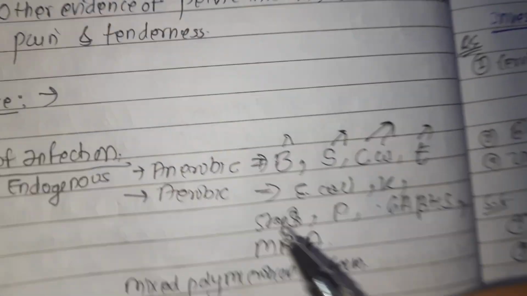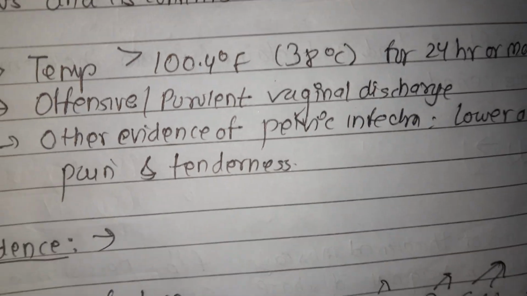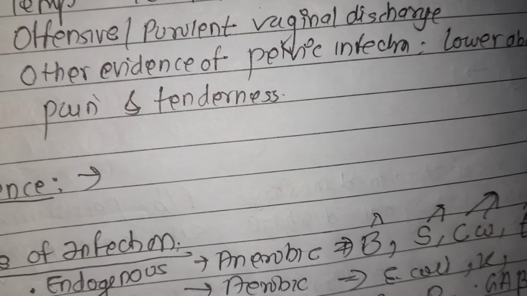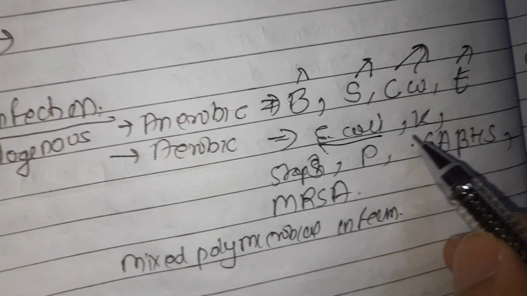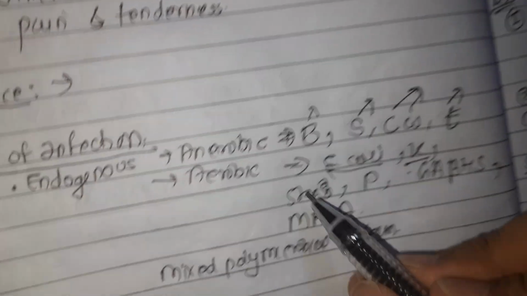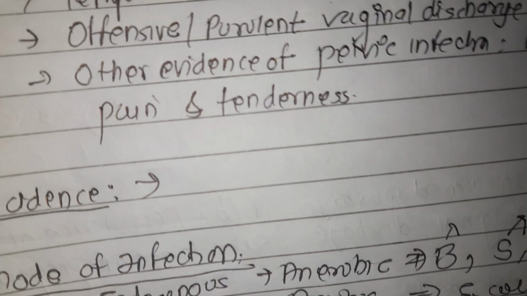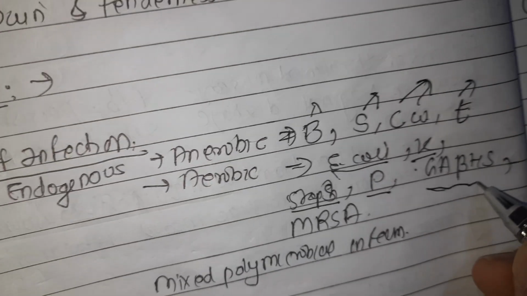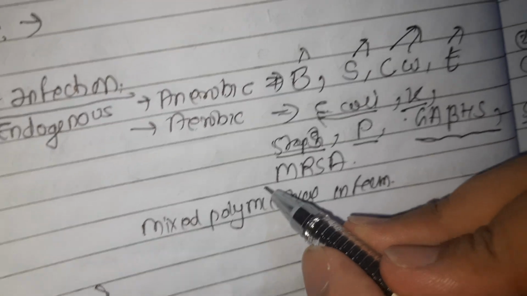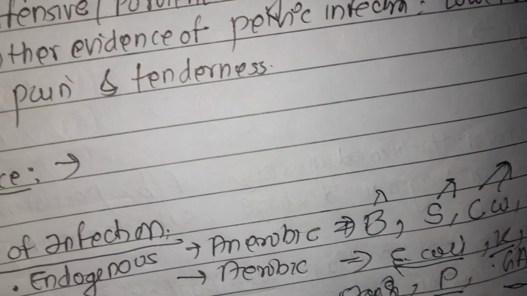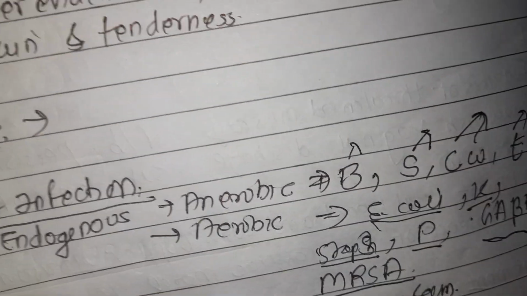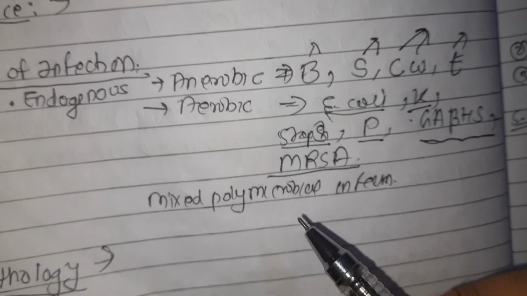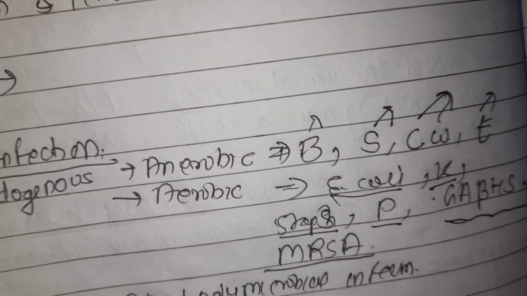The aerobes include Escherichia coli, Klebsiella, Staphylococcus aureus, Pseudomonas, group A beta hemolytic streptococci, and methicillin resistant Staphylococcus aureus. Mixed polymicrobial infection is the more common.